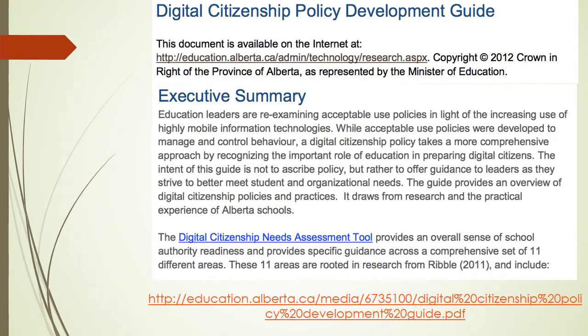Another place is this policy development guide that was put together by the province of Alberta. If you go to the site, you will find a guide that really walks through the different parts of how to create a digital citizenship program.